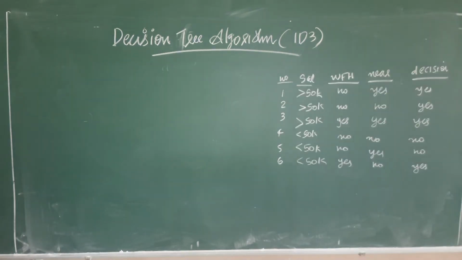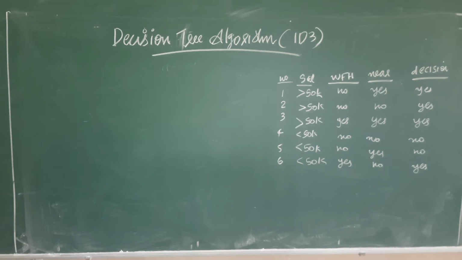Here is the data set that we are taking. That is, the data set is having 3 attributes: salary, whether it is greater than 50k or less than 50k; then work from home, that is whether the company is providing work from home facility; and whether the office is near to home, near to residence. Based on these 3 features, the person is taking classification decisions.